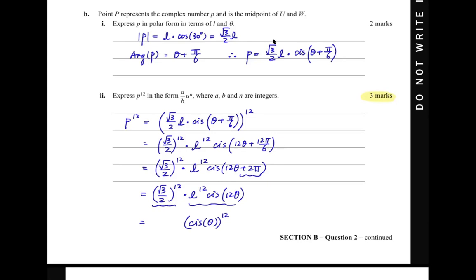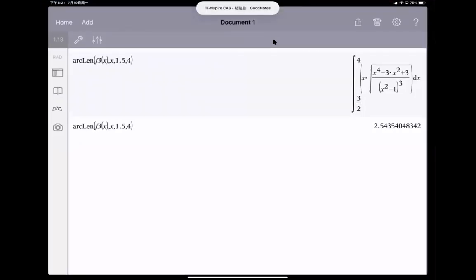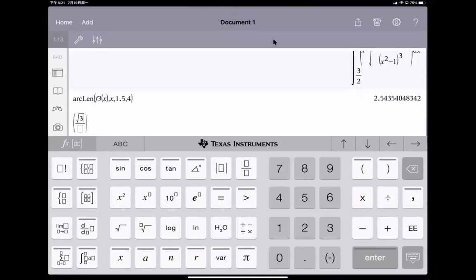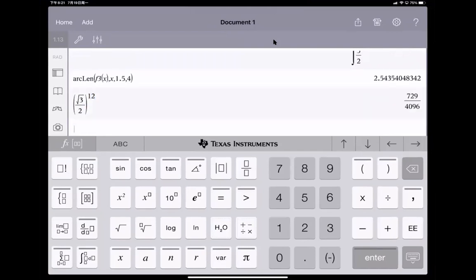And let's see. Bracket, √3 over 2 to the power of 12, that's 729 over 4096.